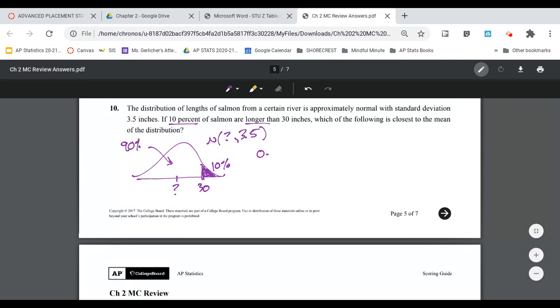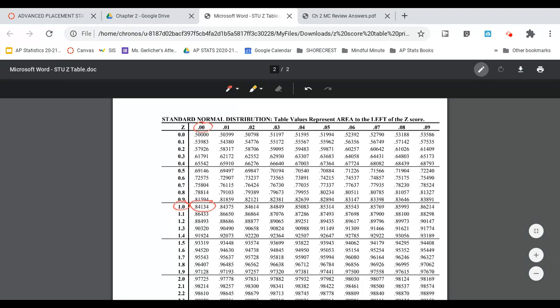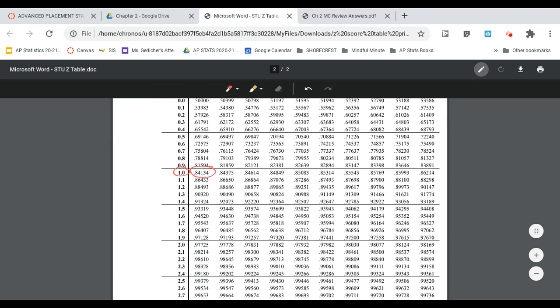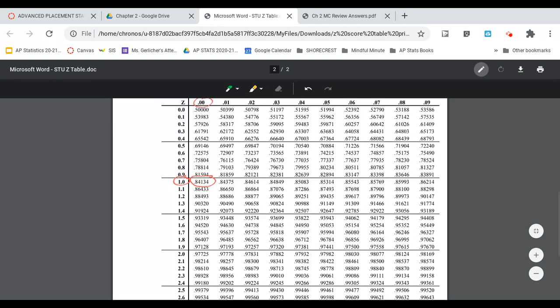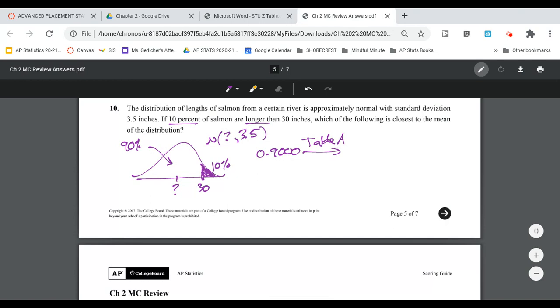So I'm going to go look up 0.9000 in table A, and I'm just going to find as close as I can to that. 0.900, sometimes it's hard to find, looks like right here, because below that is 0.89. So if I trace that over, it's 1.29. 1.29 is our z-score.